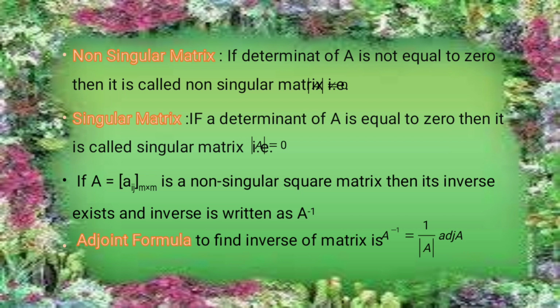If A is a non-singular matrix, then its inverse exists and is written as A raised to the power minus 1, that is A inverse. By the adjoint formula, A inverse is equal to 1 upon determinant of A into adjoint of A.